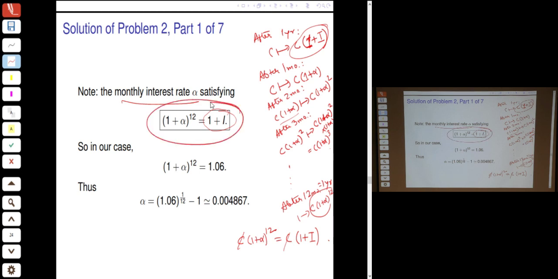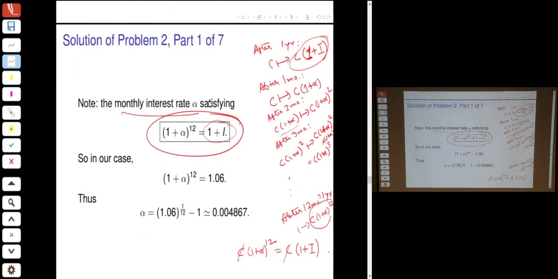So what is our situation? I for us is the annual interest rate. It's 6% per annum, or in terms of a fraction it is 6 over 100 or 0.06. So the right hand side of this equation is 1 plus 0.06, or 1.06.